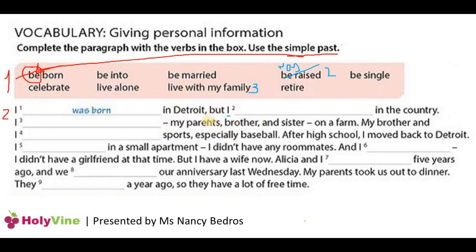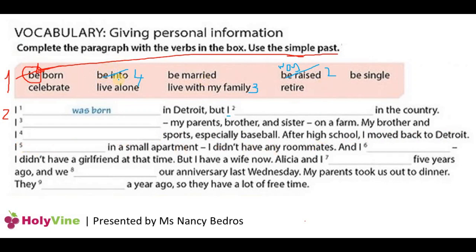I lived with my family, my parents, brother, and sister on a farm. My brother and I were into, because my brother and I, 2 people, were into sports, especially baseball. Baseball. After high school, I moved back to Detroit.